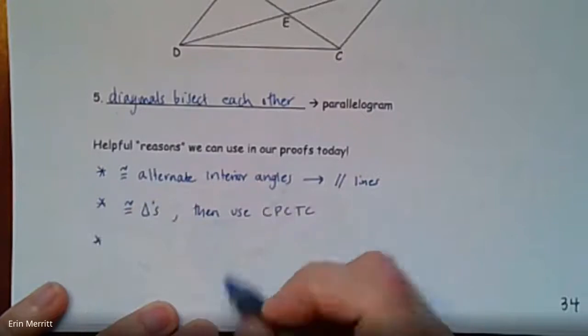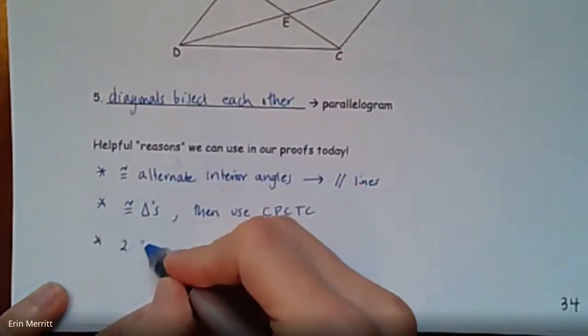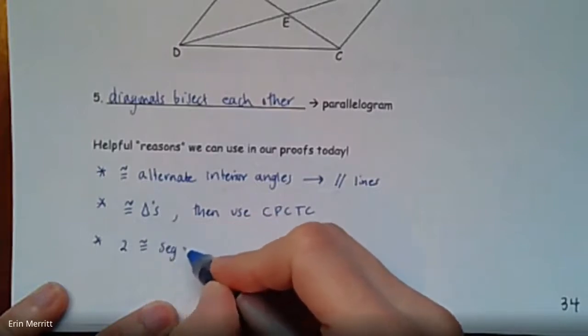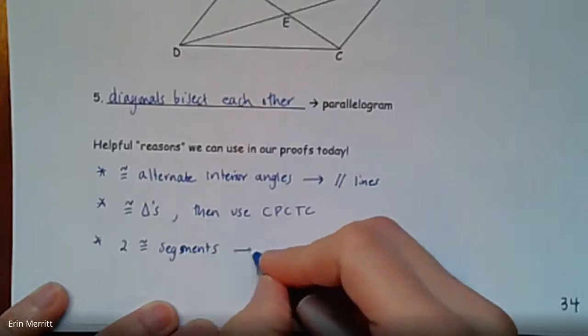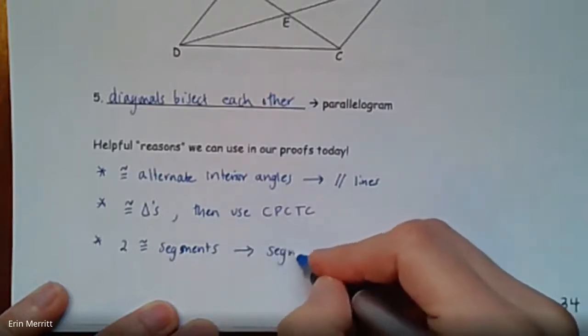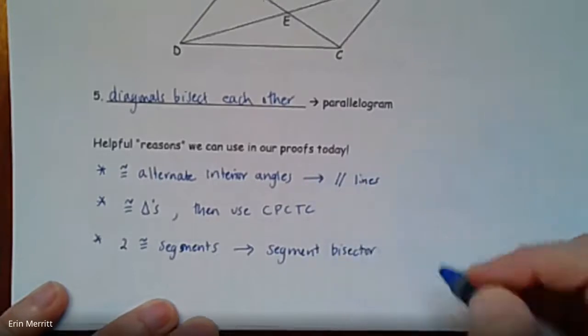Other things that we can say to prove bisectors: if we have two congruent segments, that would imply that we have a segment bisector. We did that back in our triangle proofs.